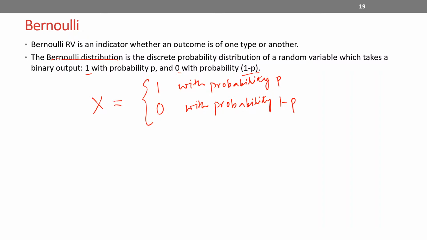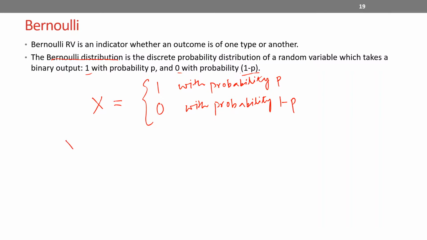So this is pretty simple, but things get a little interesting and a little complex when we combine many Bernoulli random variables. For example, I can have x1, x2, and so on, outcomes of n independent coin tosses. Each outcome of the toss of a coin is a Bernoulli variable, right?